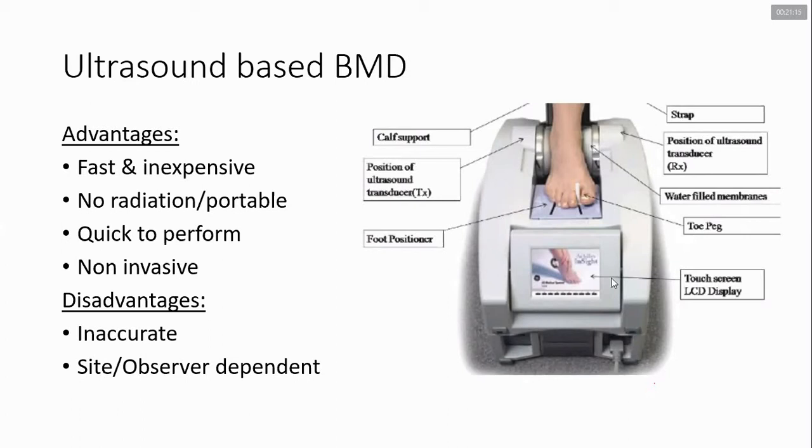It's a small machine where you put either the distal tibia or the distal radius, those small bones, and you quantify the bone mineral density. The only advantage is it is quite fast and inexpensive, and being small, it is quite portable. You can take it out to camps and do it in the OPD setting. There's no radiation because it is ultrasound based, and it is very quick, simple and easy to perform.